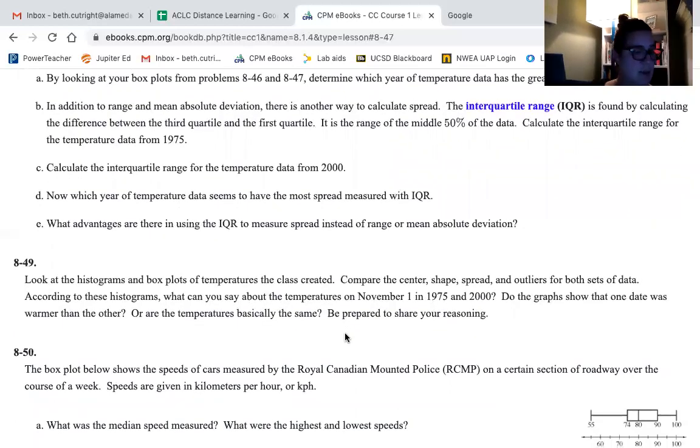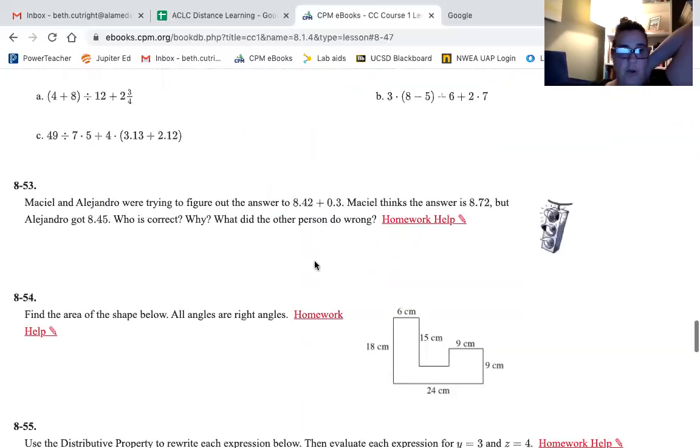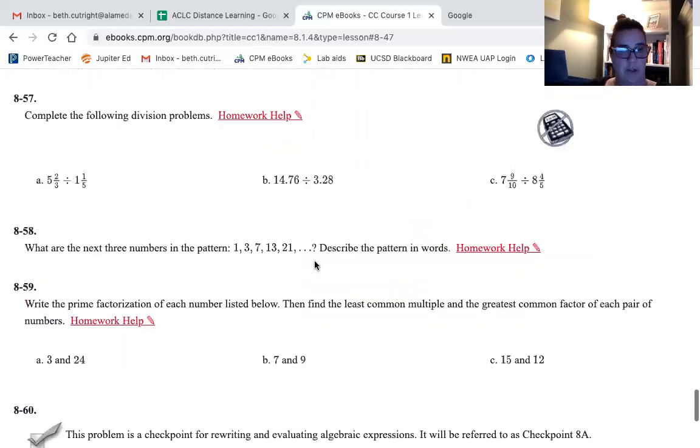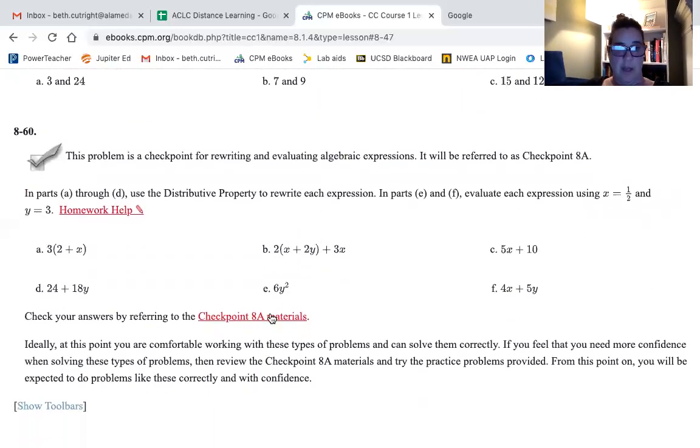Okay, and then there's a couple of homeworks, 3 homeworks. And the last one is the Checkpoint. So you have to do that one and make sure you know it to go on to 7th grade math. And you can check your answers by clicking that link.